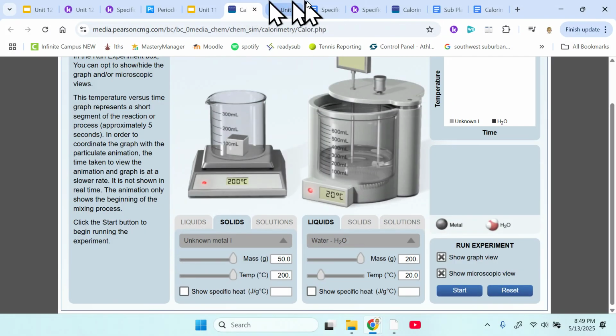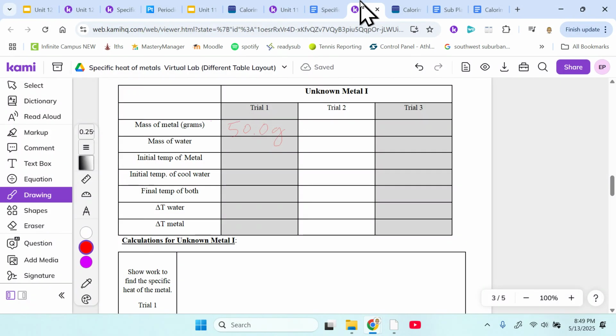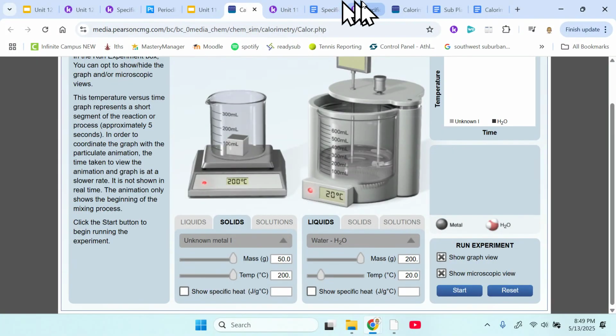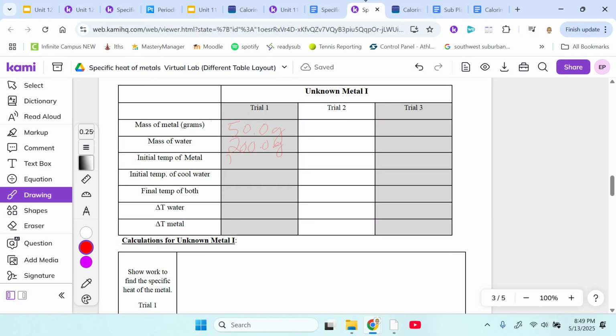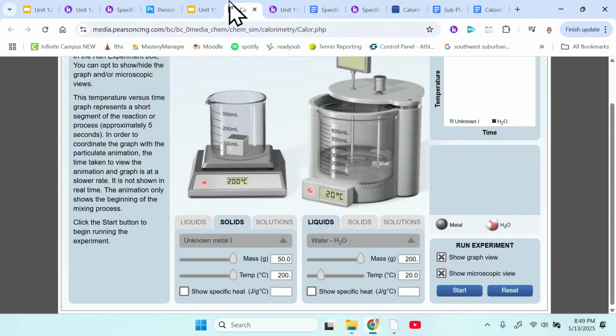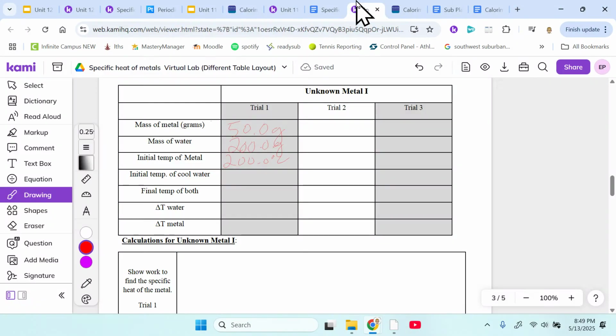I did 200 grams of the water. The initial temperature of the metal, I think I heated it up to 200 Celsius, 200.0 Celsius. Initial temperature of the cool water, that's going to be 20 Celsius, basically room temperature. All right, final temperature of both, we got to wait.